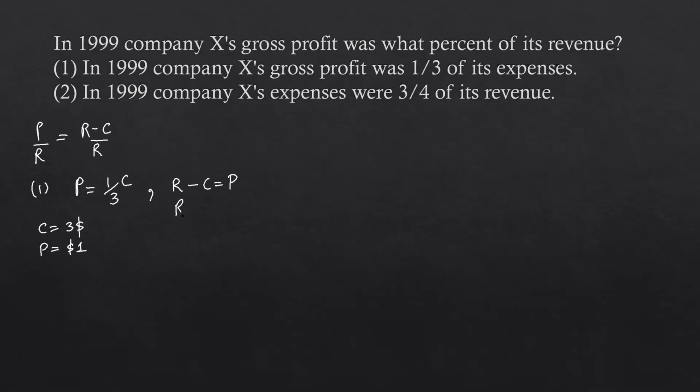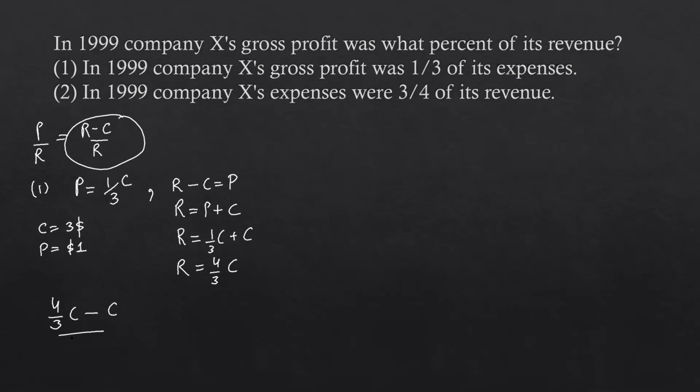Then revenue is profit plus cost. So revenue is profit, which is 1/3 of the cost, plus cost. So the revenue is 4/3 of the cost, right? So you get this expression: (R minus C) over R, which is (4/3 C minus C) over 4/3 C, into 100. So C will get canceled out and you will have an answer. So this is sufficient.